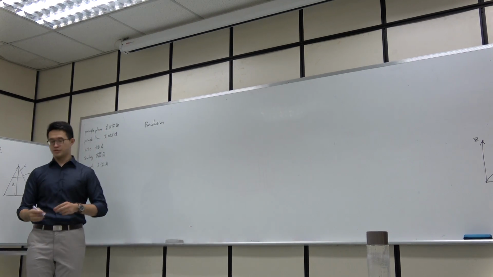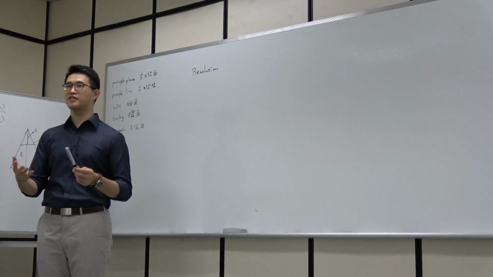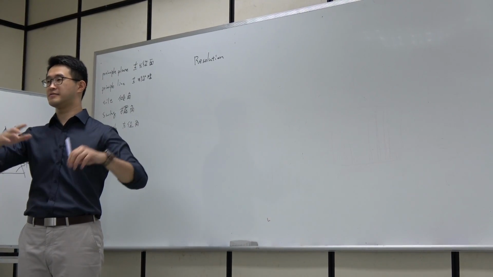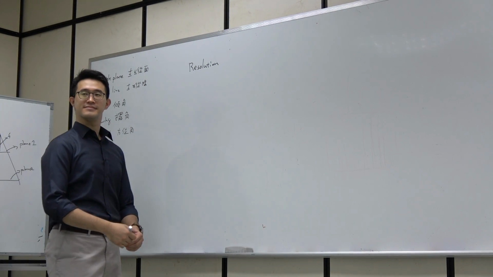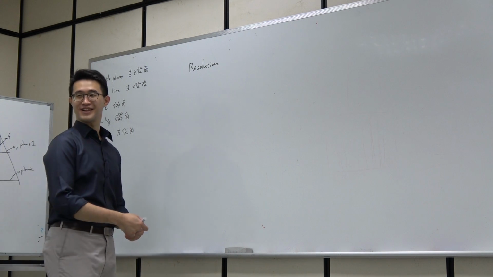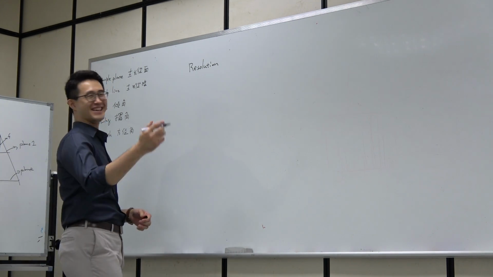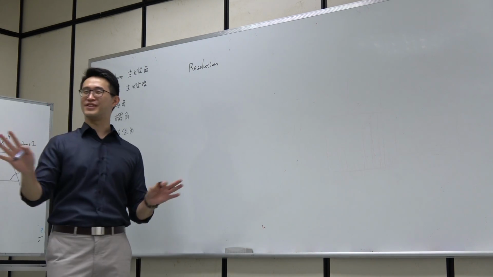Alright, so to start, how many resolutions, what are the resolutions that we have in programming and remote sensing? 4 or 3? Okay, actually we have 4. So what are the 4 resolutions?